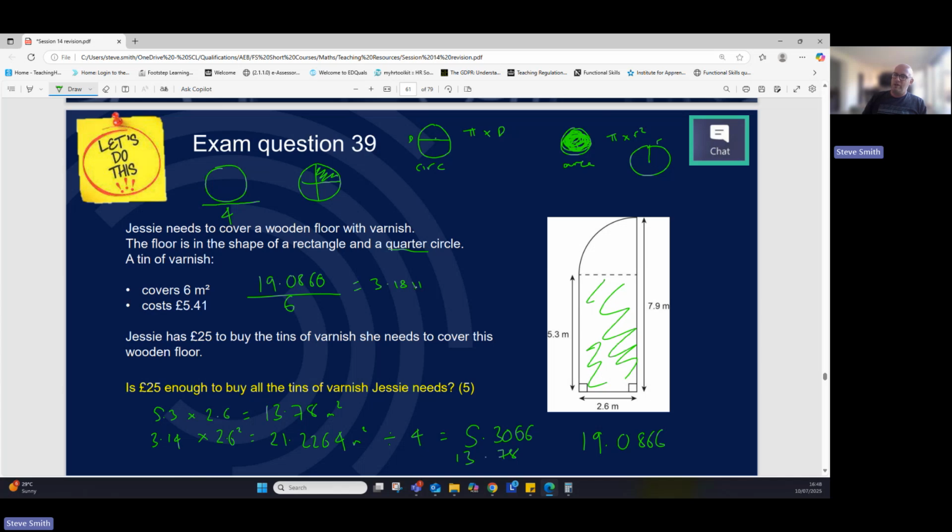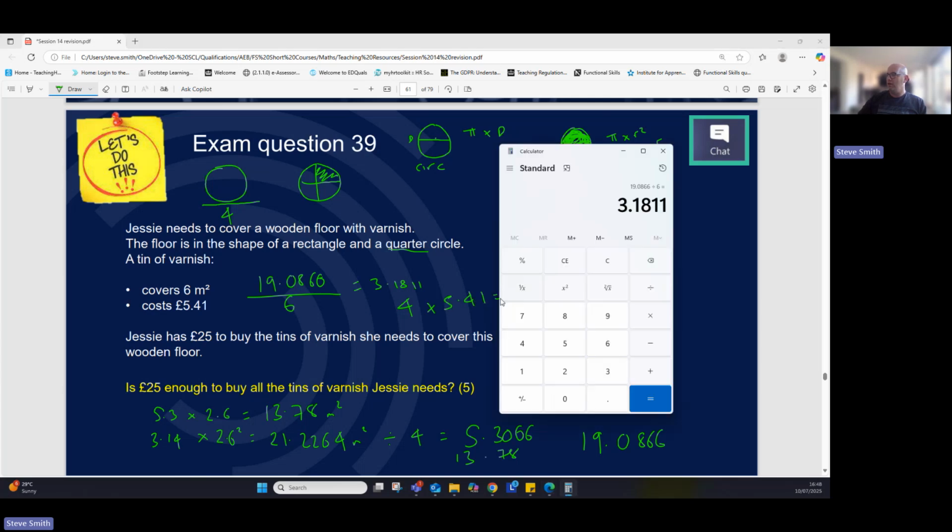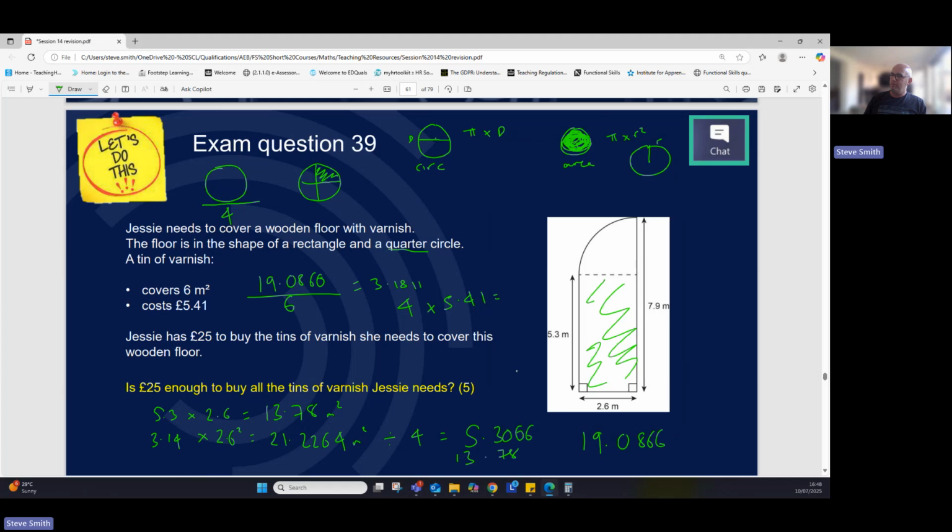Well, we can't buy 3.18, so we need to buy 4, and the 4 tins are £5.41 each. So times by 4 times 5.41, £21.64p.